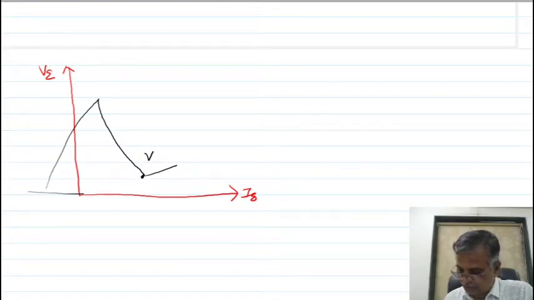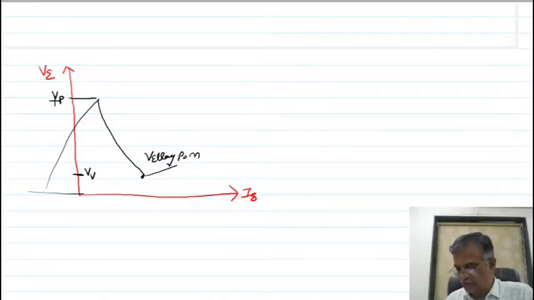This is called the valley point. This voltage is VV. This is the peak voltage, and already you know that this is your cutoff region.